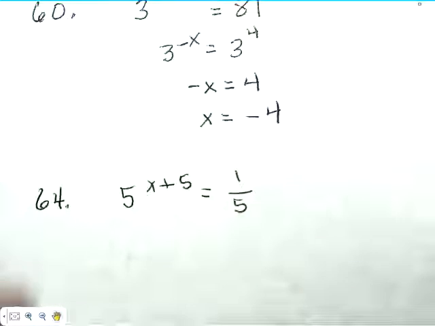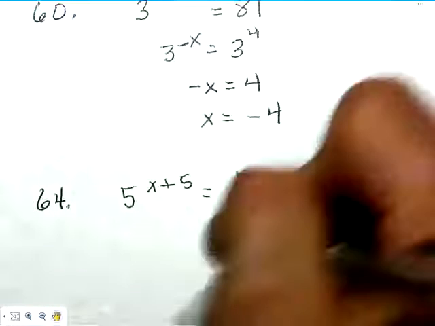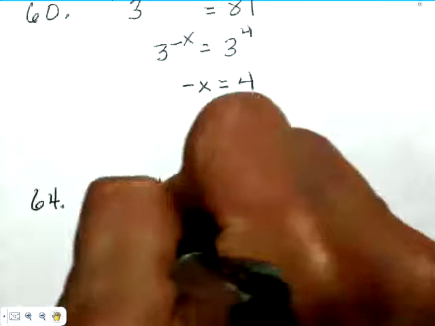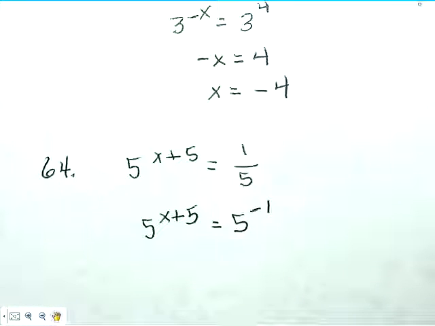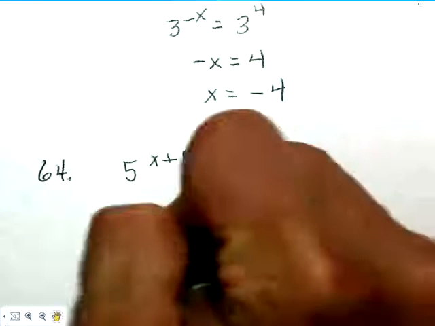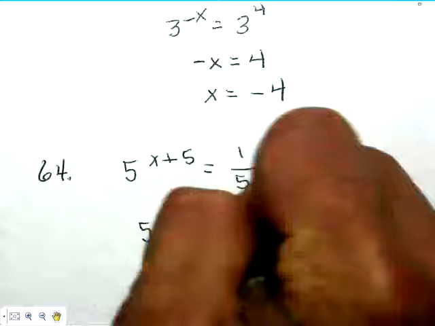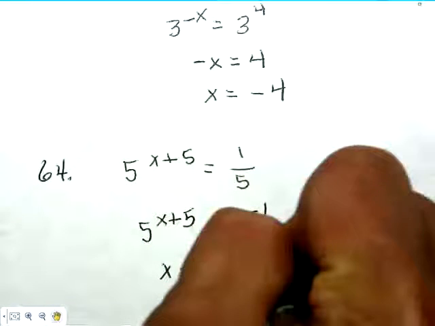How can I write 1/5 as 5 to the something? 1/5 is 5 to the -1. I'm not doing anything to the left-hand side. I'm just rewriting 1/5 so that it has the same base. Because once it does have the same base, I can take the bases off and solve for x.